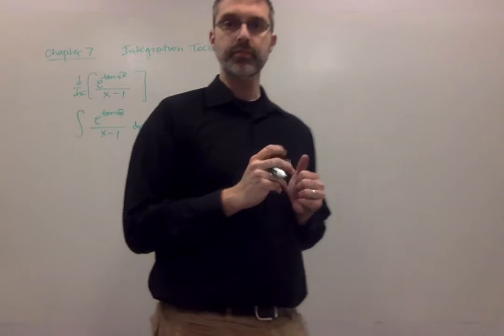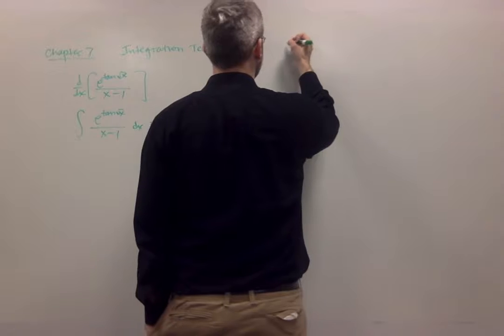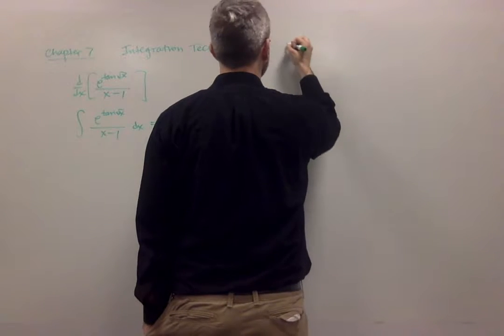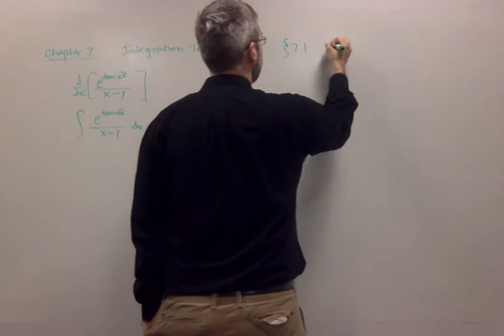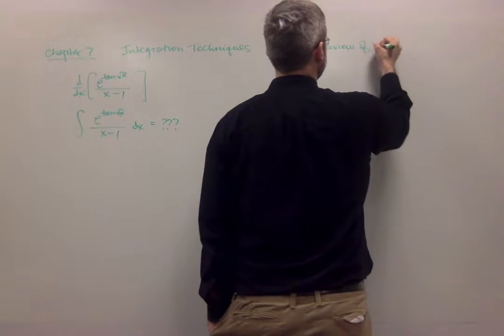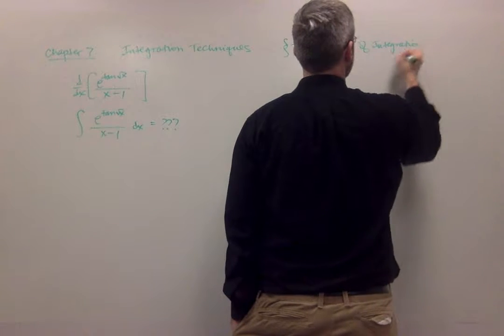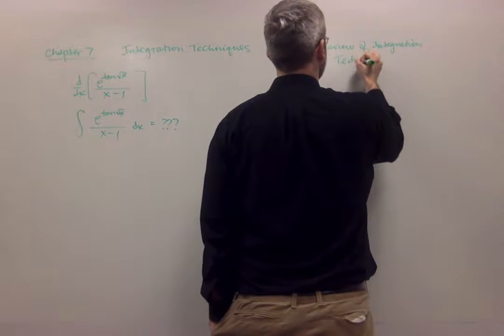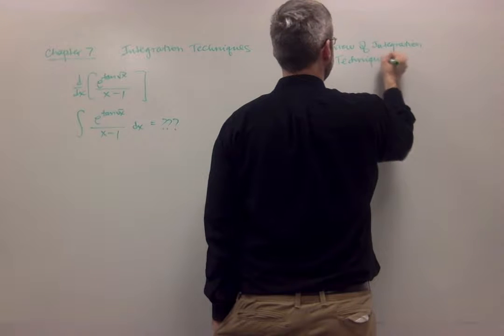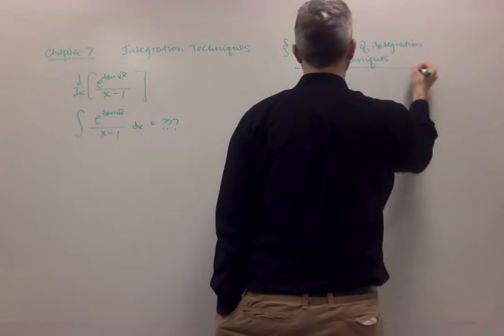So what we're going to do here in section 7.1 is a review of the integration techniques that we have up to this point. How do we integrate? If I just hand you an integral, what are the approaches that we take?